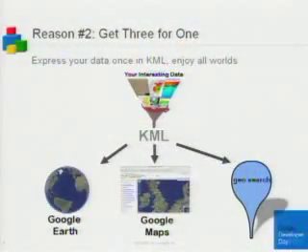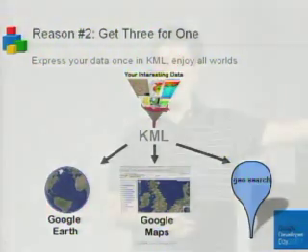So one is traffic. The other one is that if you code KML once, you can enjoy all worlds. You can show it on Google Earth and have users share it and link it and send emails to each other with attachments or links to the KML to better visualize it.